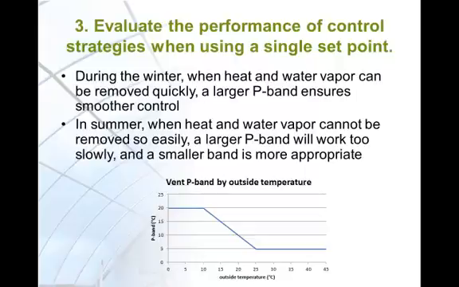The graph represents how ventilation P-band might be adjusted to account for outside temperature. This graph is used to visualize the idea that P-bands may need to change as environmental conditions change. The P-band that works best for a specific greenhouse at a given temperature may be different than that shown here.